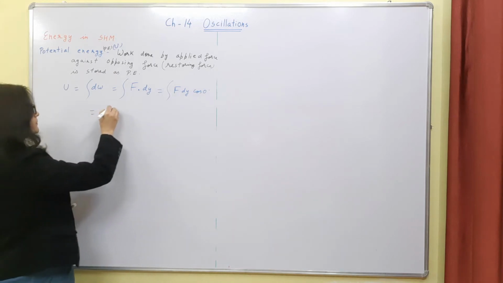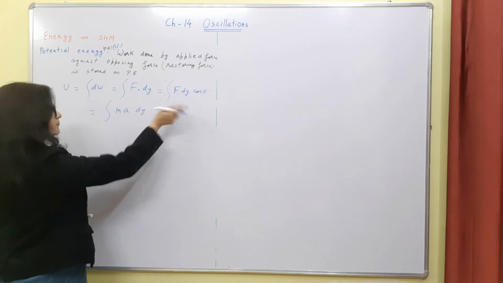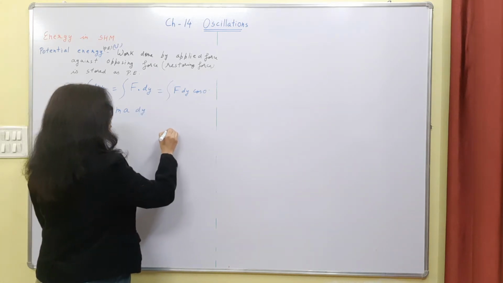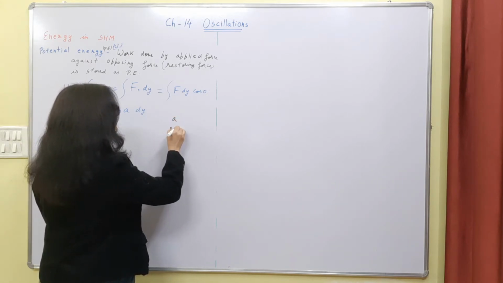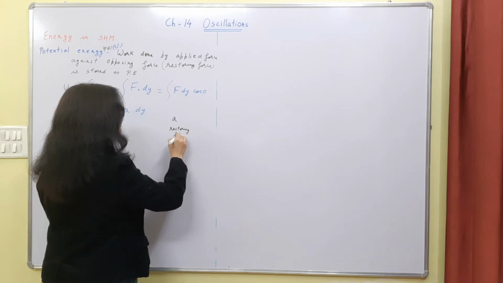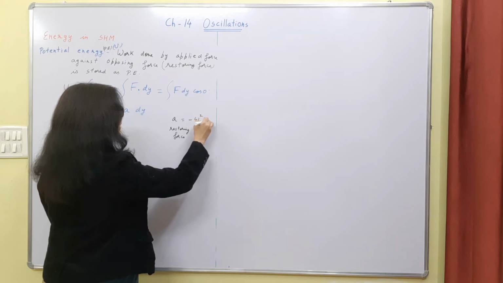So from here this will be mass into acceleration into dy, cos 0 is 1. Now here this acceleration due to restoring force is minus omega square y.